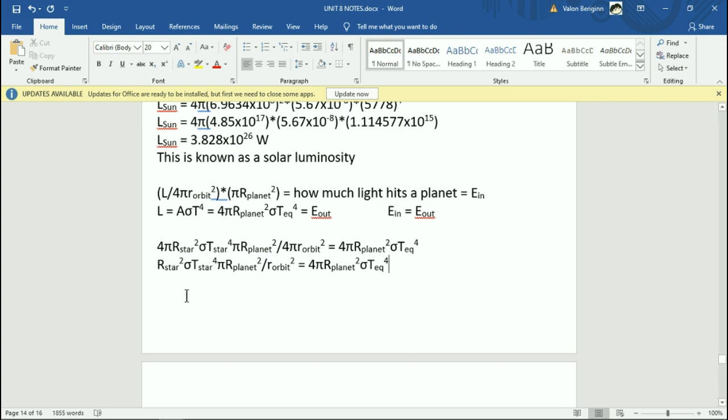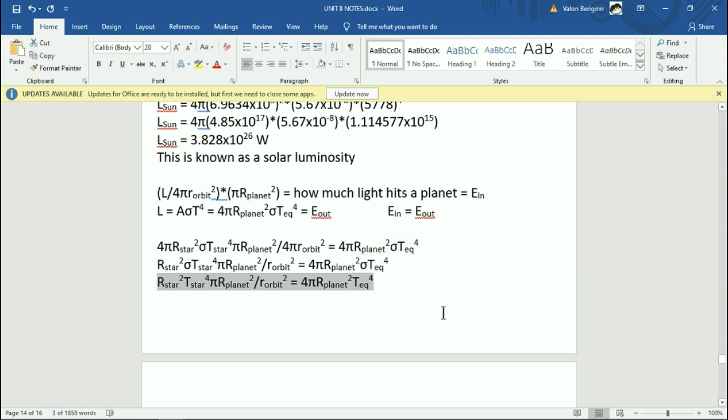But we have sigma here and sigma here, so we can actually just cancel those. Let me copy this over and then just go boop and boop. So we can get rid of the sigmas. Now we have pi r planet squared and pi r planet squared. There's still a 4 here, but we can deal with that in a bit.